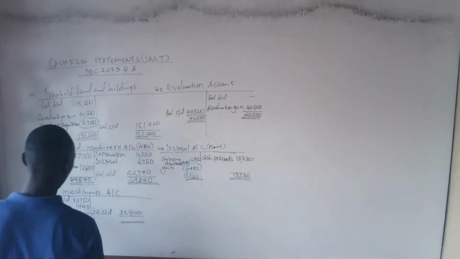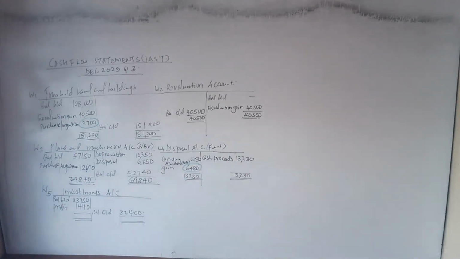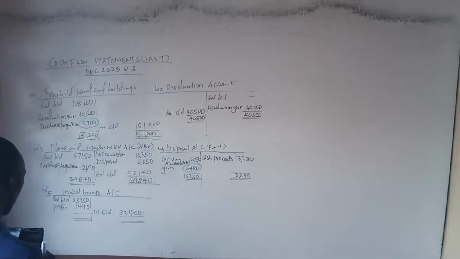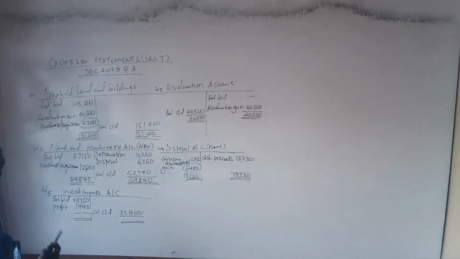Then let us see whether the investment was amortized. We have 33,750, then we add 1,440. Therefore, we are going to get 35,190.